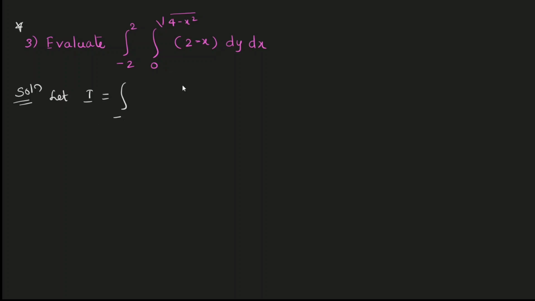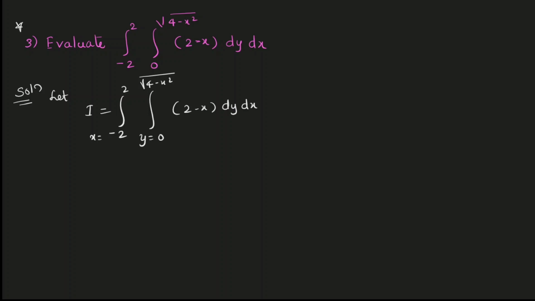Write one more time. So I equal to integration from minus 2 to plus 2 and y from 0 to root 4 minus x square, 2 minus x into dy dx. Yes, this is the integral given.